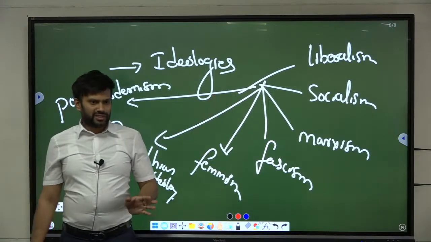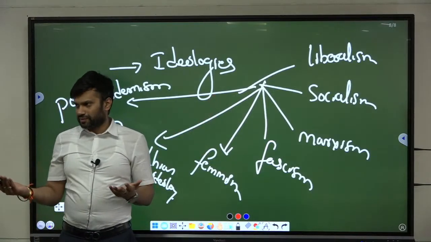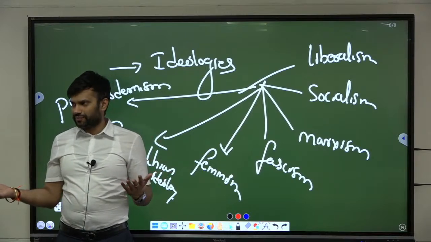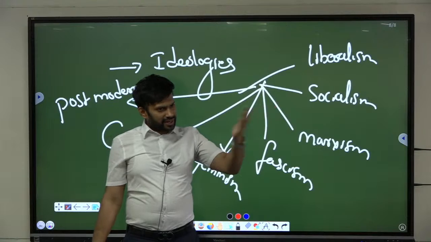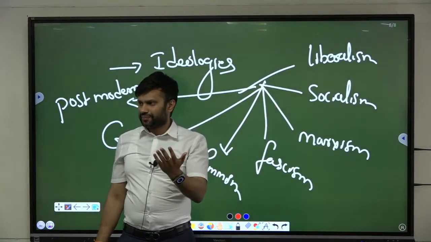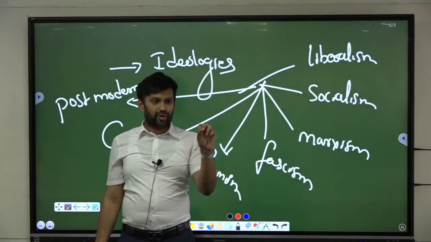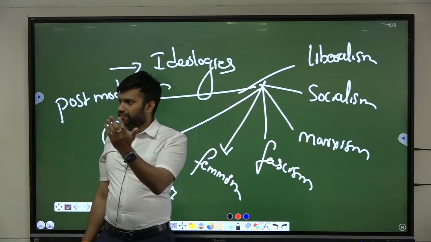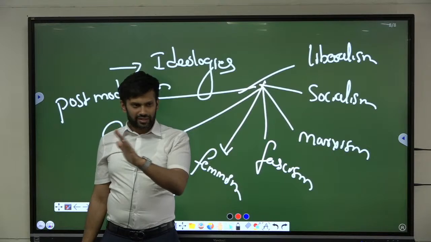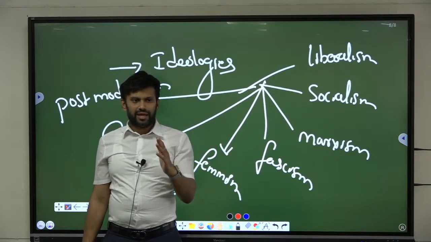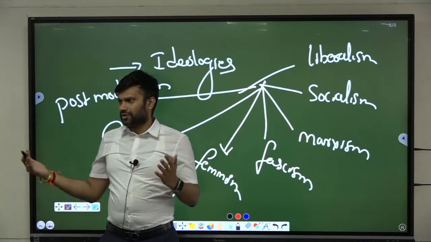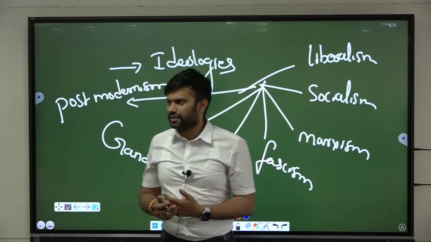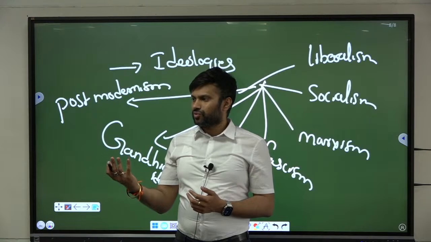Now we are going to understand how these ideologies developed and what is their impact on human society. Within liberalism, there are different types: classical liberalism, positive liberalism, neoliberalism. We need to understand the different variants and the importance of these ideologies today. This also helps you understand the current ways in which states work.